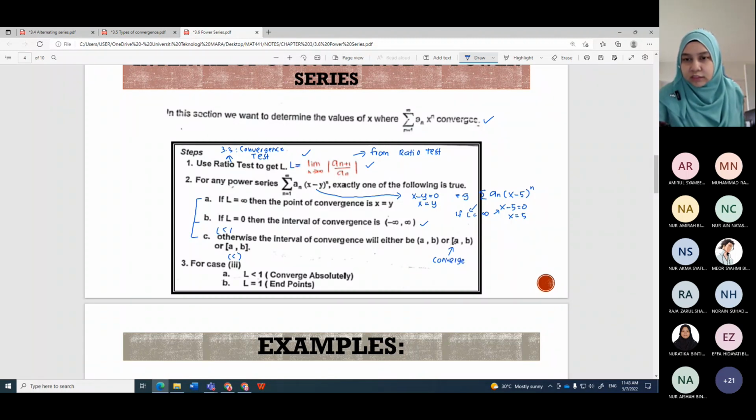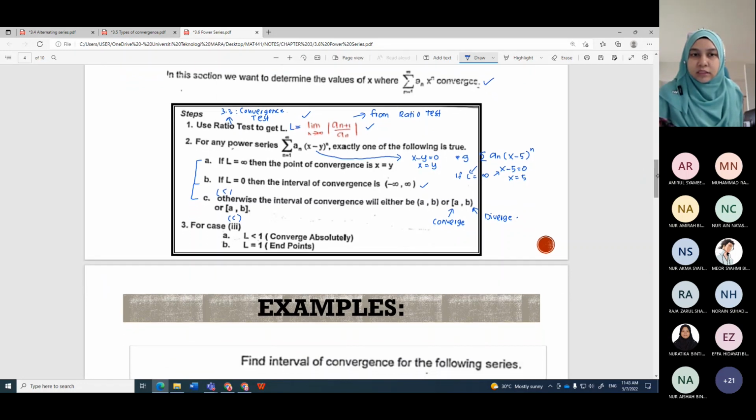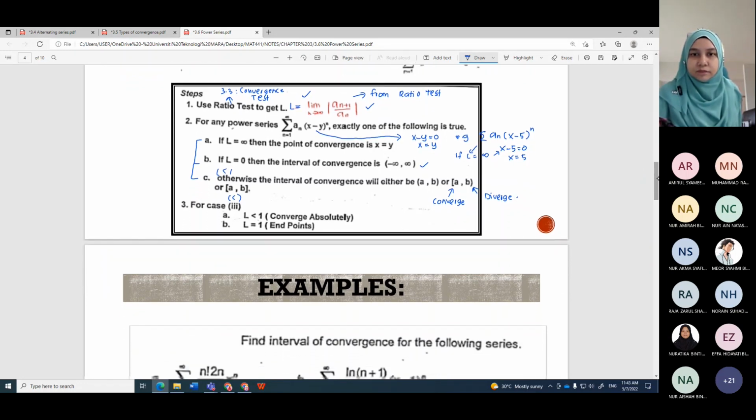Kalau open bracket, the test at the interval b is diverge. Dia ambil kira close or open bracket kat sini. So ada 3 test, 3 step.